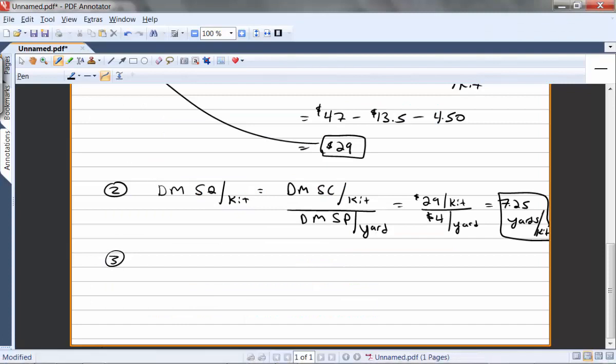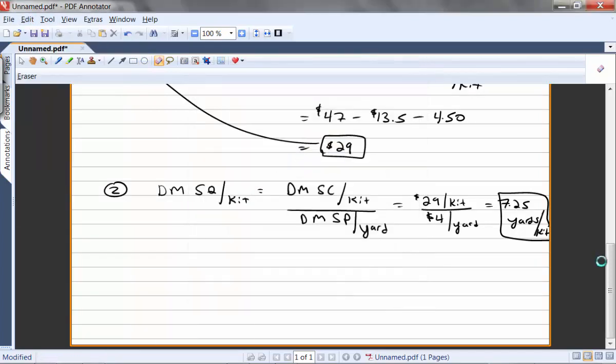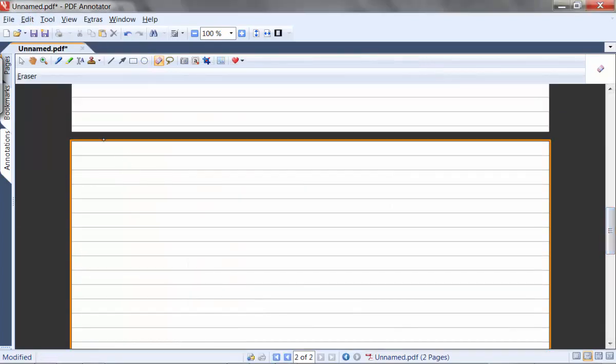So let's go to the next page, because it's going to require a little bit more space. Materials price variance, we know, is equal to the actual quantity of materials that we purchased times the price we paid per unit of direct materials, minus the price we should have paid per unit, the standard price.